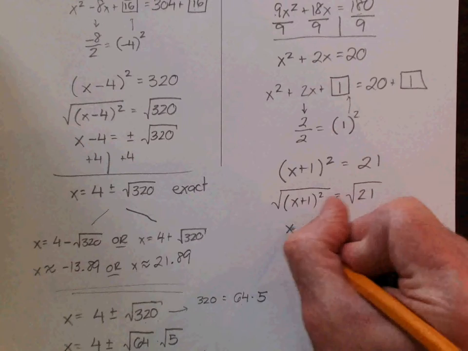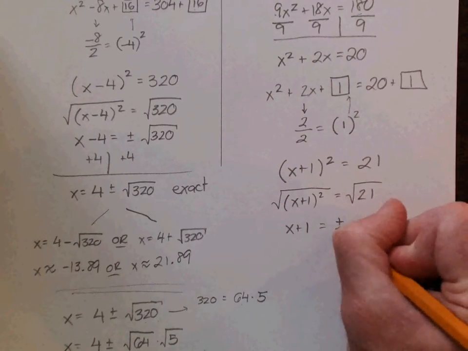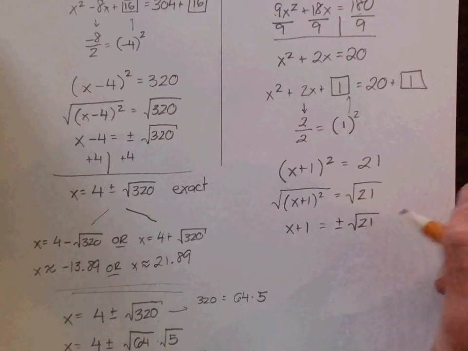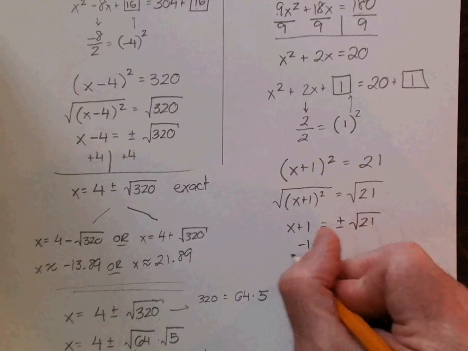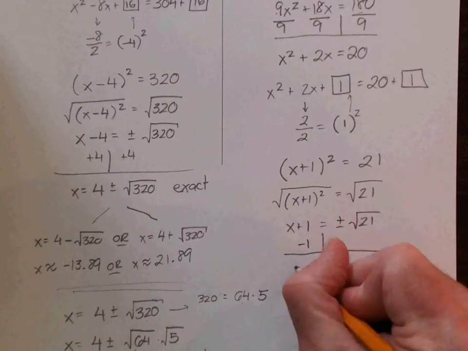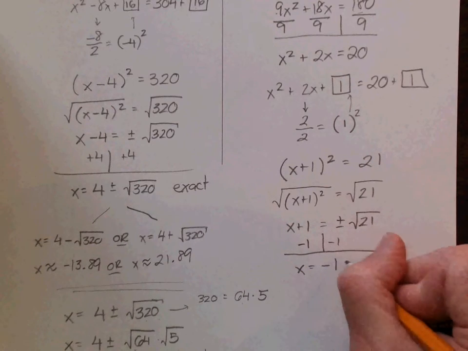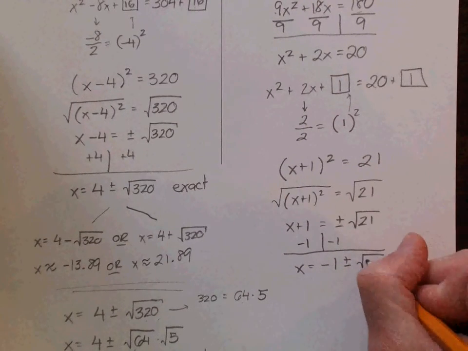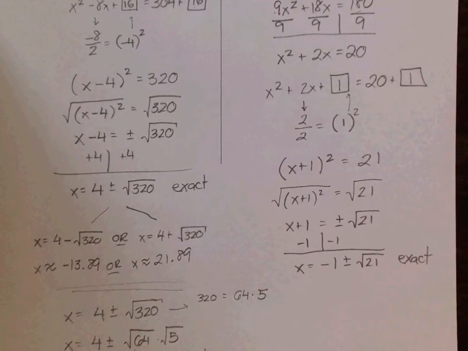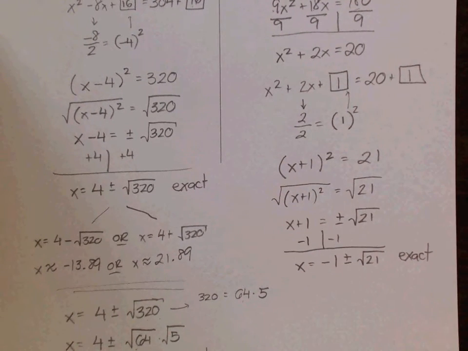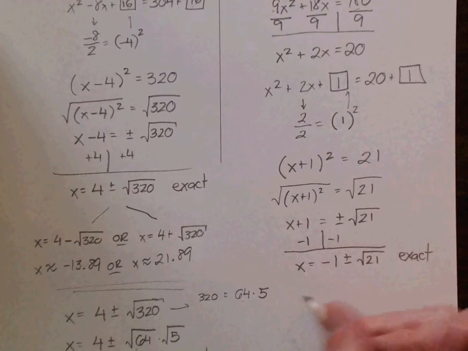I will get x plus 1 is equal to plus or minus the square root of 21. Subtract 1 from both sides, and I will get x is equal to negative 1 plus or minus the square root of 21. This is called the exact solution, but I want the approximate solution using my calculator.